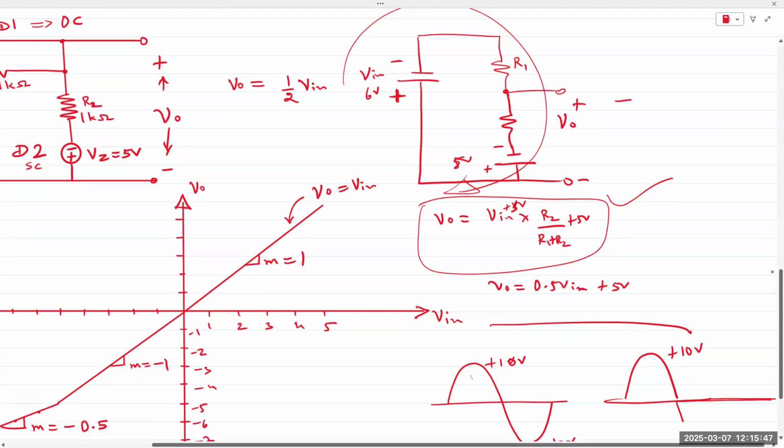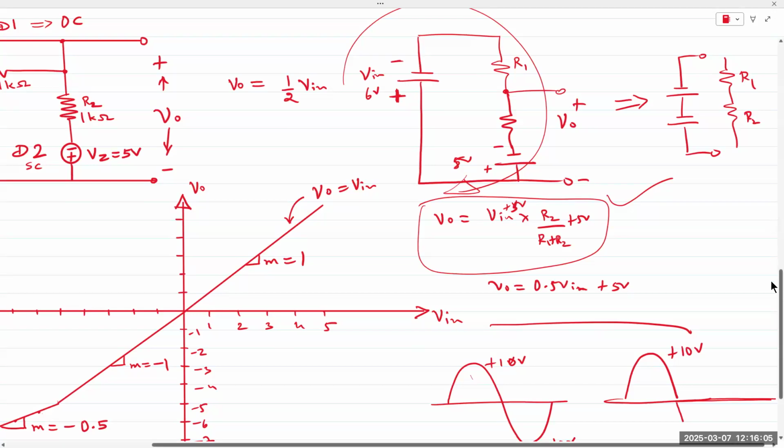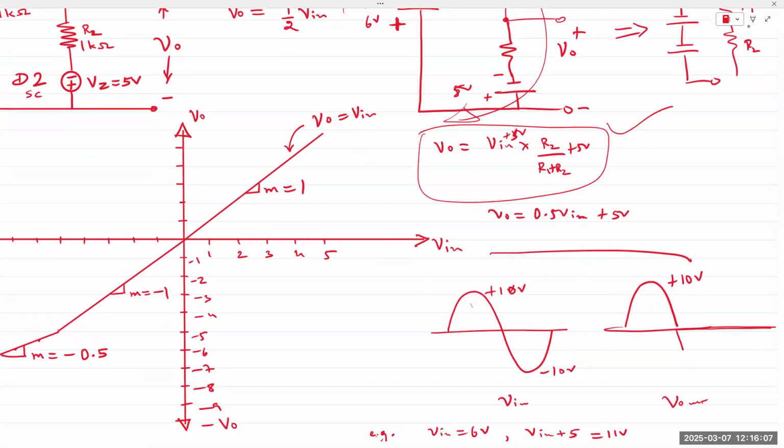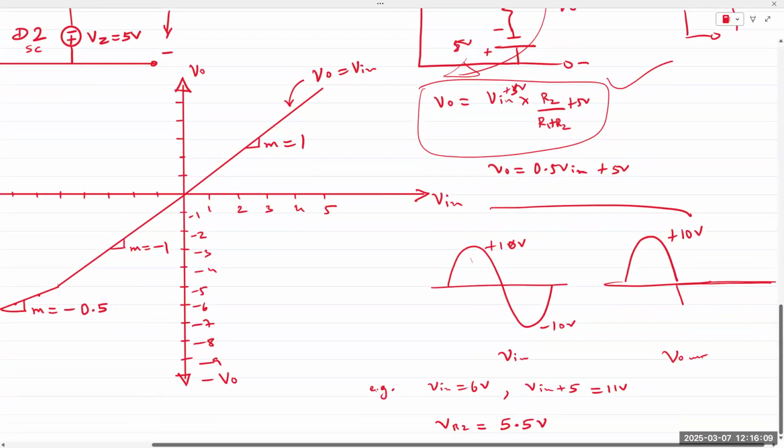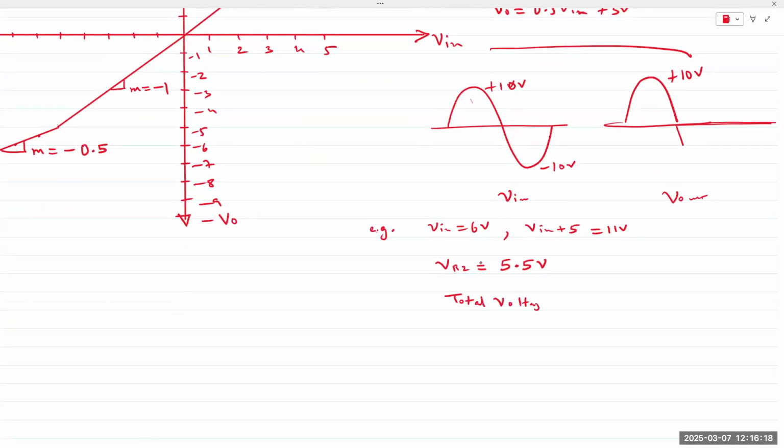Let me rewrite again. And this is the voltage drop applied to R1 and R2. Okay. Total being applied. Let's write it down here.